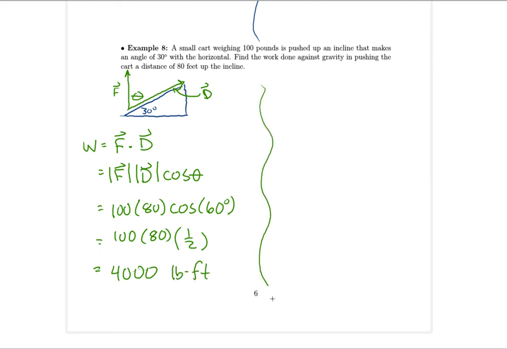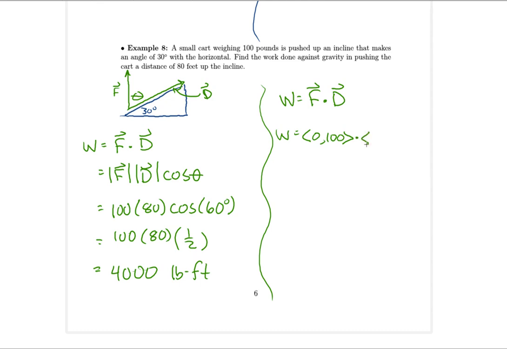And then just to show you the other way, I don't care how we do this, but if you'd rather figure out the components, you can definitely do that. My force component is 0 in the x and 100 in the y, because I'm going against gravity.